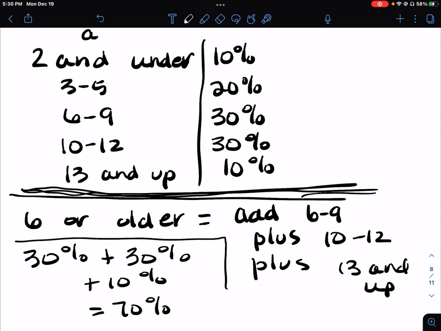Okay, these are ages on the left, and these are the probabilities on the right. So 6 and older just means what percent are 6 and older. So you add the 6 through 9, the 10 through 12, and the 13 and up. If it said under, you would do the ones that are younger.